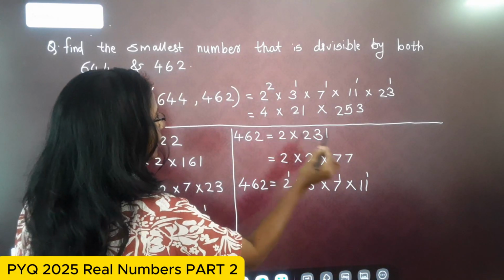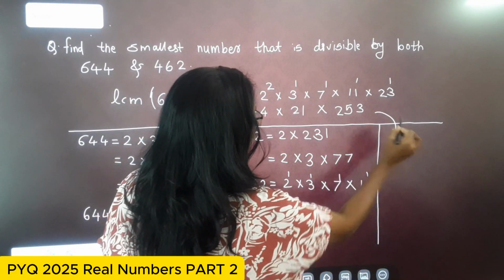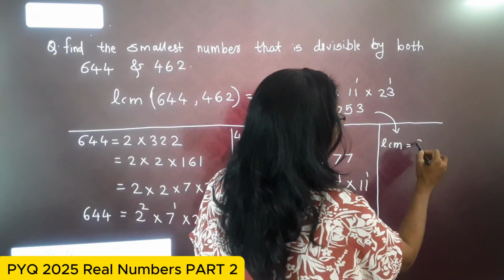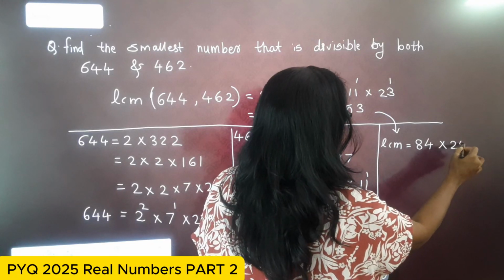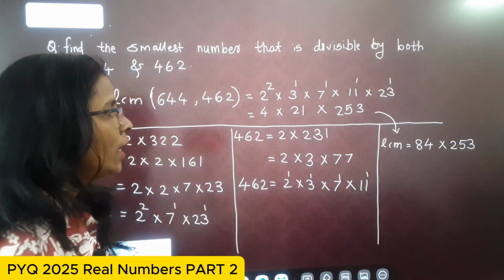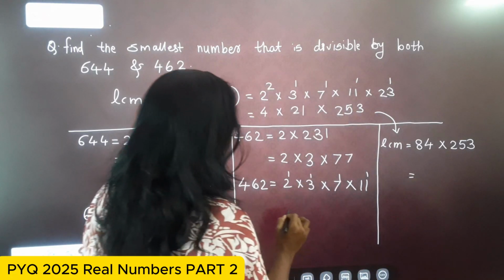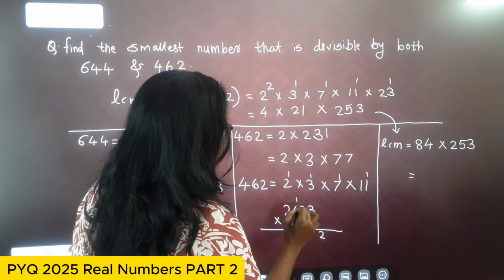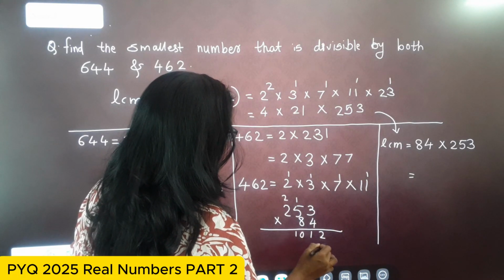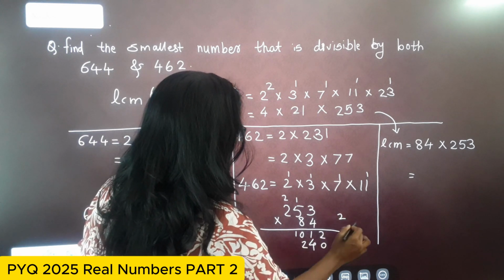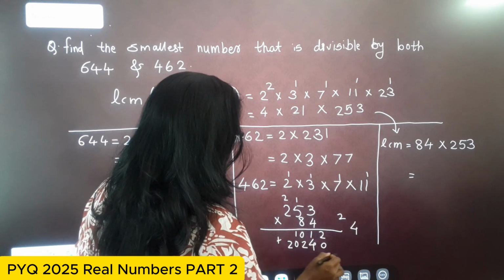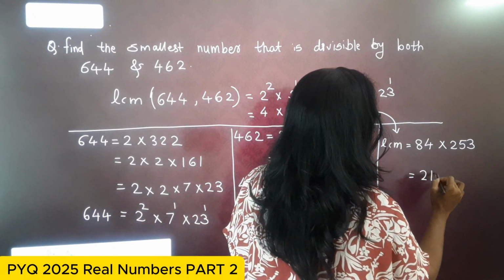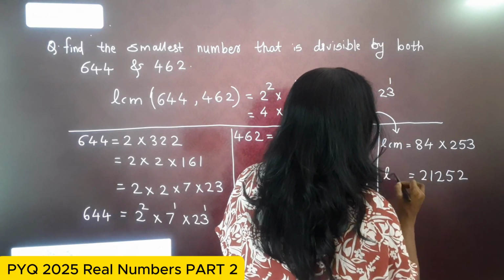So the LCM is 21 fours are 84 multiplied by 253. Do the multiplication, 253 multiplied by 84, and we get 21252.